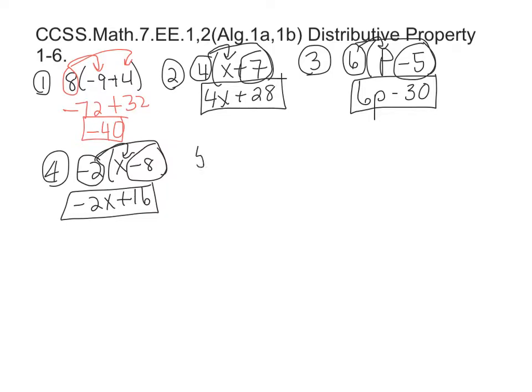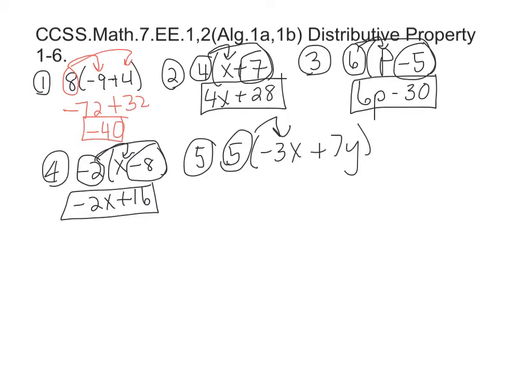And let's do another one. I kind of like this. I hope you guys do too. And so 5 times (-3x plus 7y). Now we have a coefficient there. So we're multiplying 5 times the coefficient, which is -3.